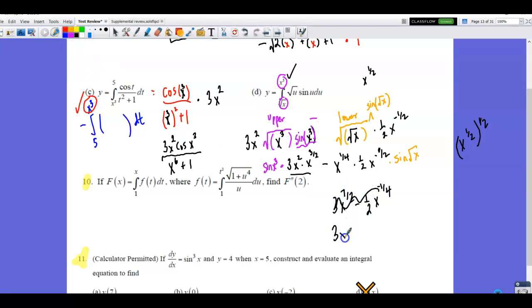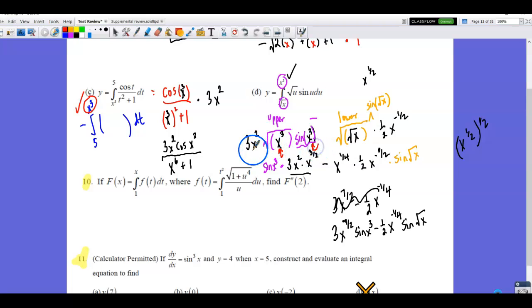That'll be 3x to the 7 halves sine of x cubed minus 1/2 x to the negative 1/4 sine of square root of x.